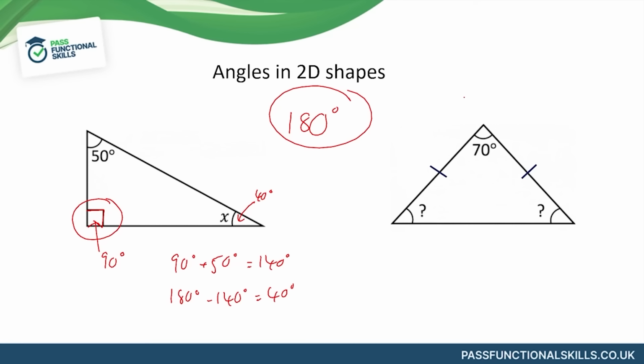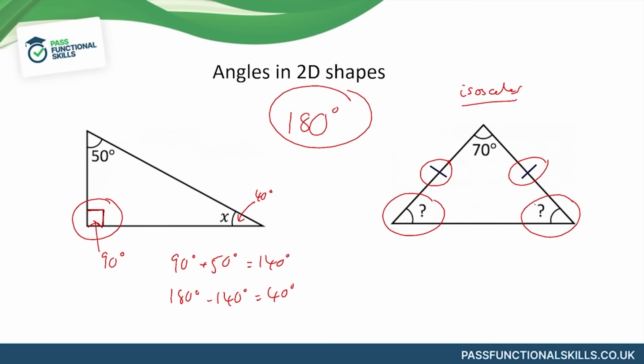So this angle here is 40 degrees. Now, on the right-hand side, we've got a special type of triangle. This is an isosceles triangle, and there are 2 key properties of an isosceles triangle. The first one is that it has 2 equal sides. These dashes show that this side here and this side here are equal. And the other key property is that the base angles are the same. So the angle on the left here is the same as the angle on the right.